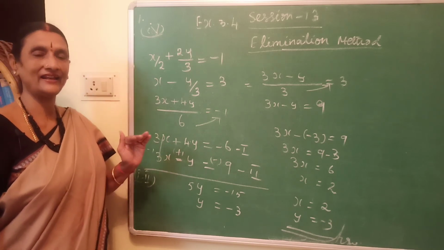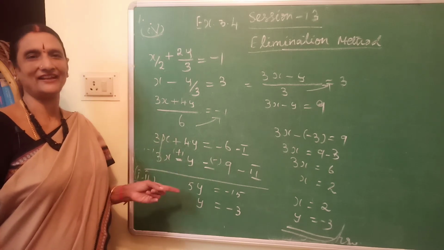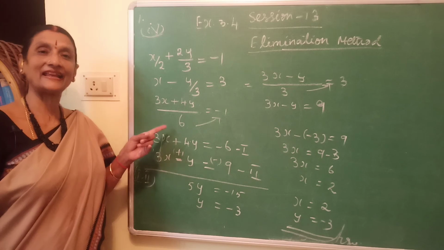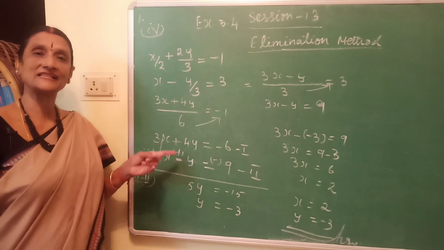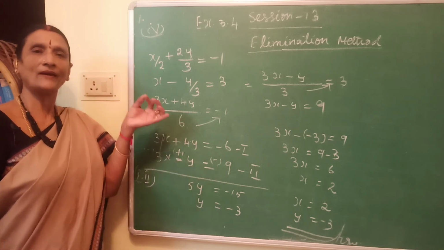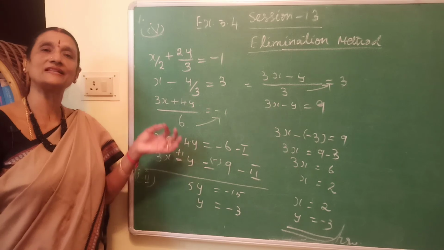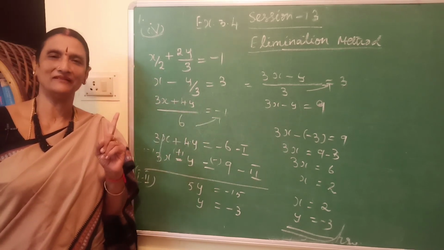And similarly, in the elimination method also, we are eliminating one variable by taking the LCM. We are making the terms same. So either by subtraction or addition, we are cancelling one particular variable term completely, so that you get a linear equation in one variable. Correct?